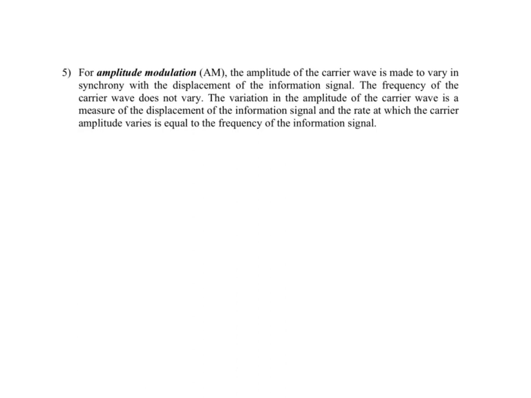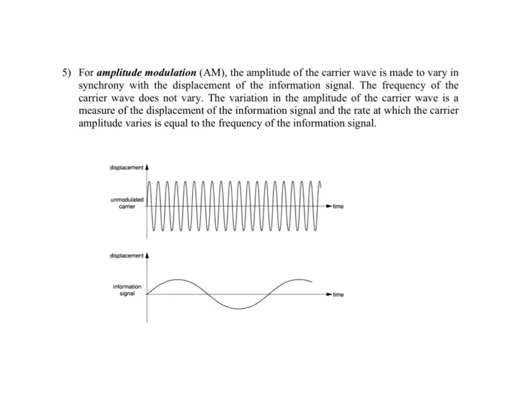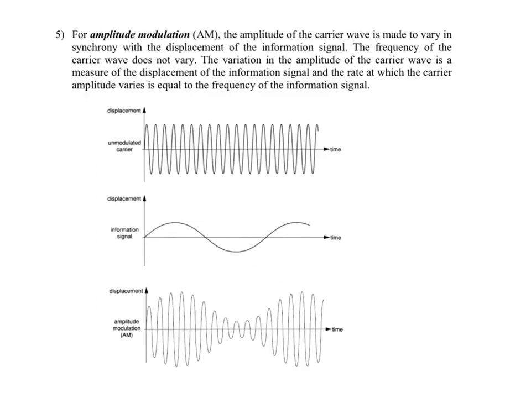Now, if you look at the graph again, you will see that how many times the amplitude changes from high to low to high in 1 second actually depends on how many times the information signal changes from peak to trough to peak in 1 second.